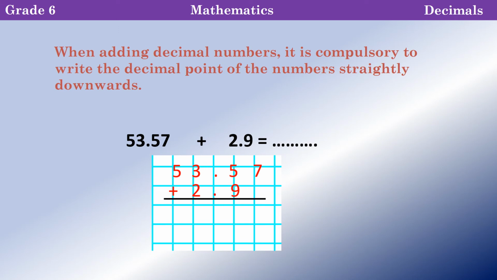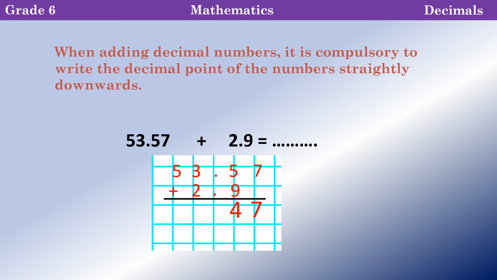Let's add this now. Digits at the second decimal place of these numbers are 7 only. Then we write 7 as the answer for the second decimal place digit. And then we add 5 and 9, the digits in the first decimal place. 5 plus 9 is 14. We put 4 and 1 is the remainder.